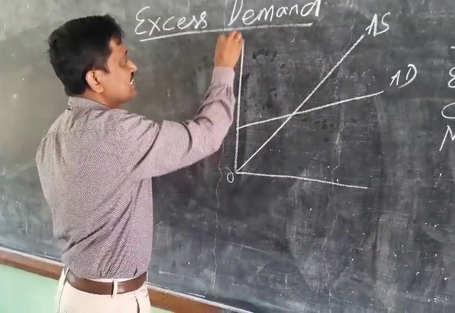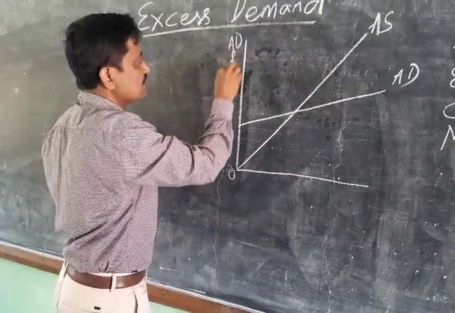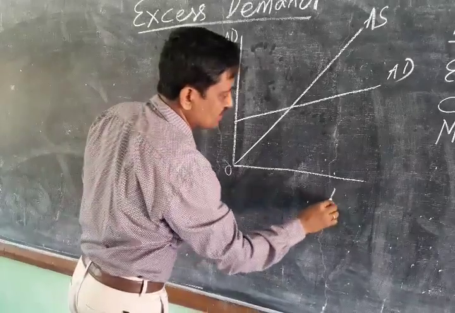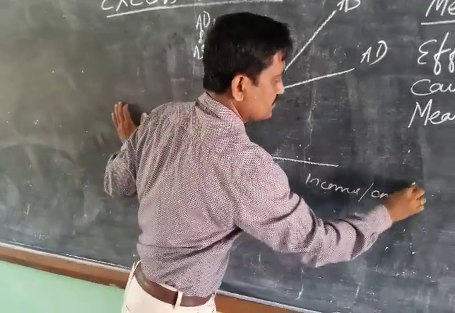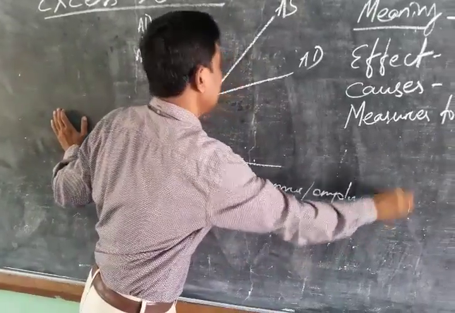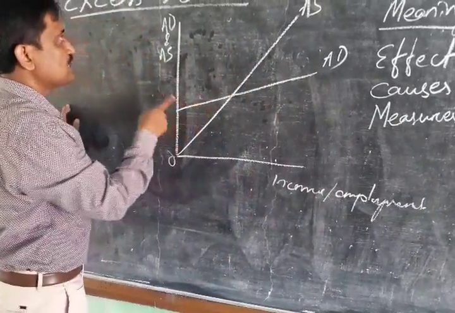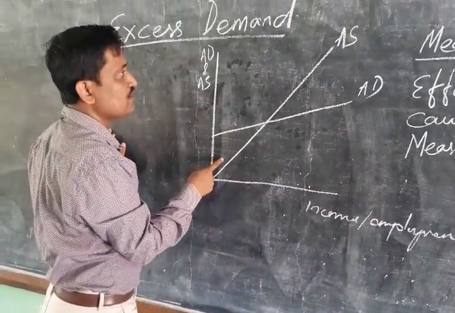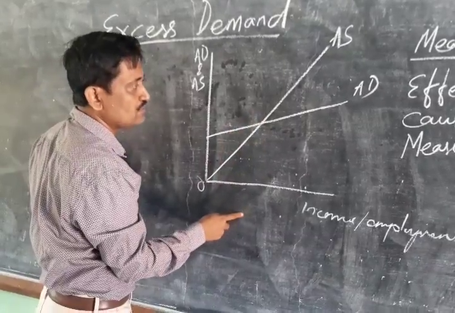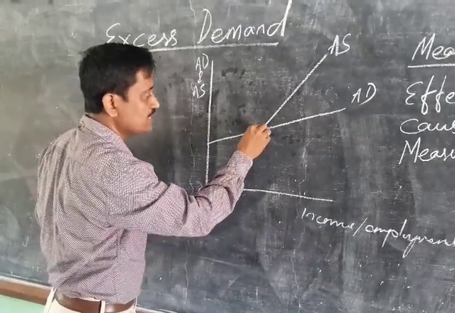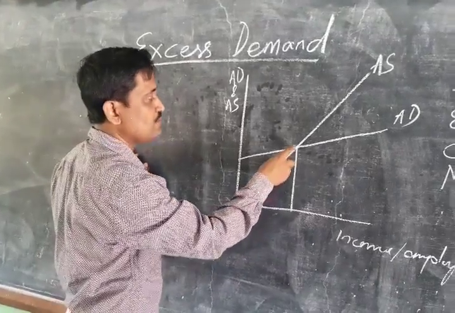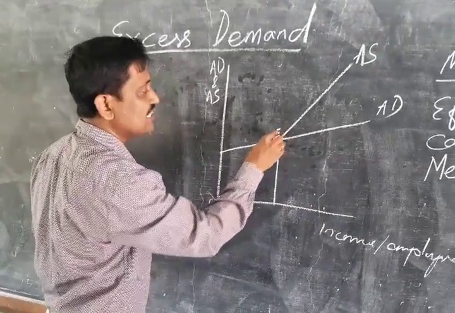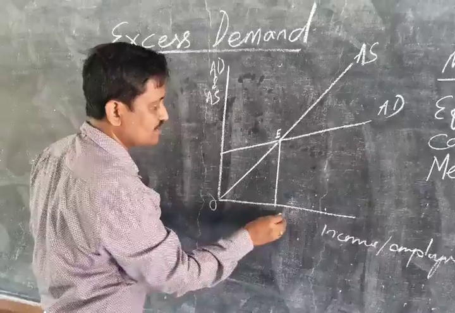On this side we are taking aggregate demand and aggregate supply, and on this side we are taking income and employment, etc. As per the Keynesian theory, the equilibrium level of employment or income will be determined where aggregate demand is equal to aggregate supply.